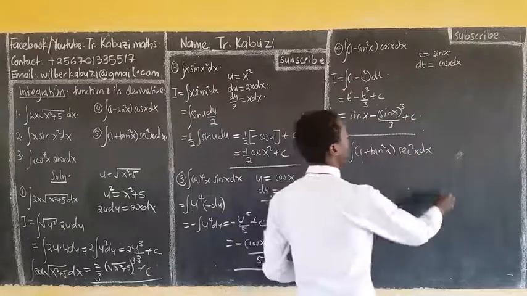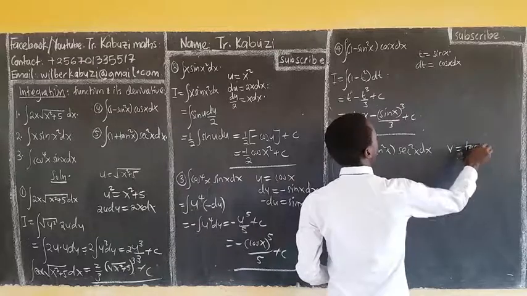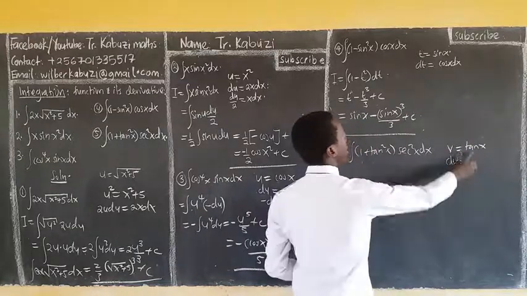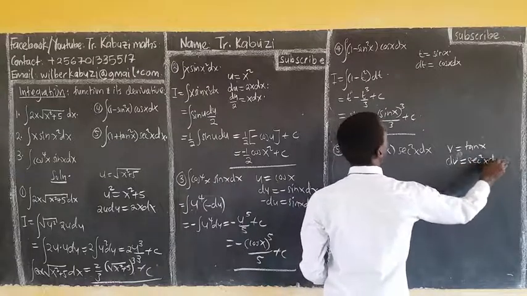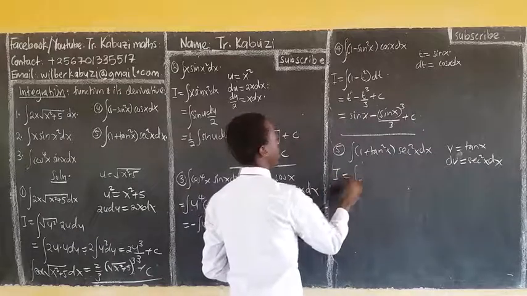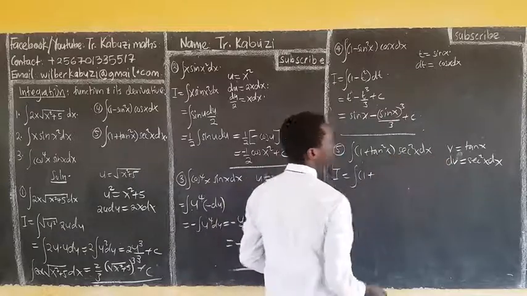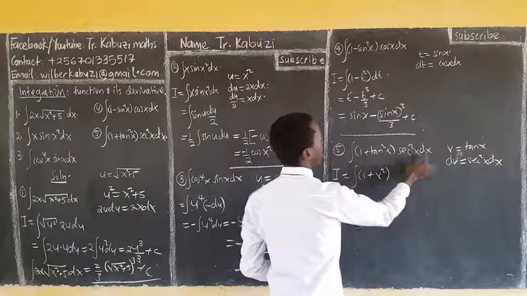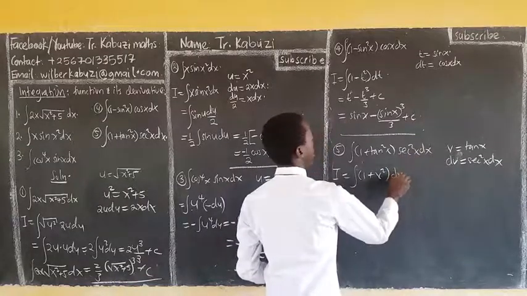So from there I say, let your v be tan x. When you differentiate v, you get sec squared x dx, which is already there. So now that integral is going to be the integral of 1 plus v squared, since tan is v, but it's squared. Then sec squared x dx is dv.